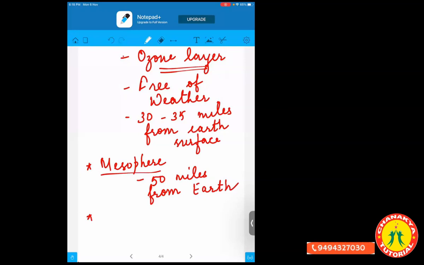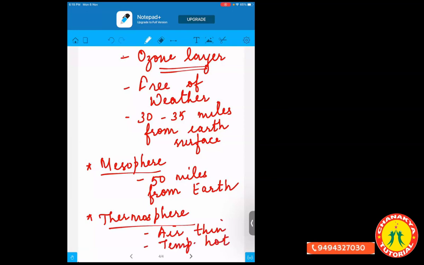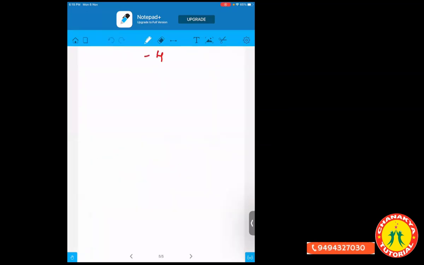Then the last layer we have is the thermosphere, a very, very hot layer of the atmosphere. Here the air becomes thin, and the temperature is very hot, and this layer is almost 400 miles from the Earth's surface.